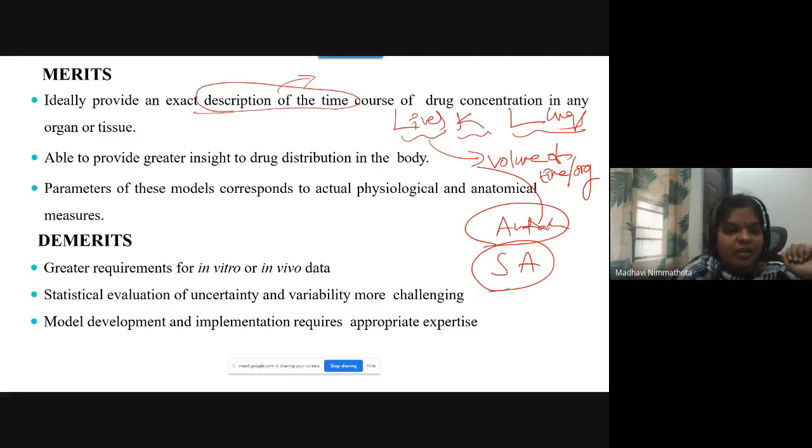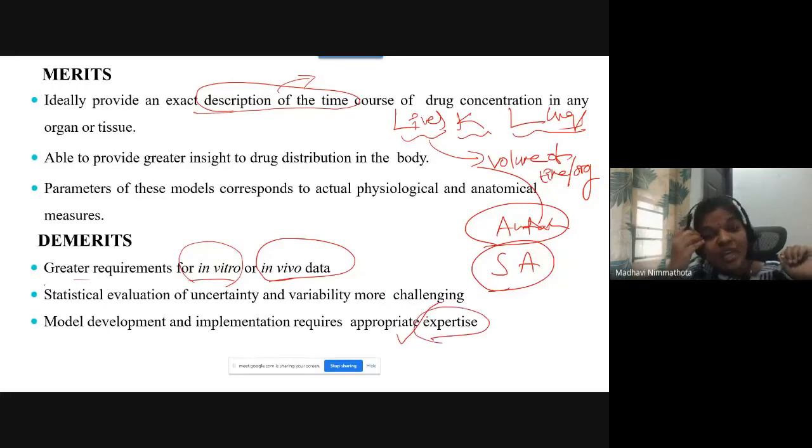With this method, we have some demerits also. There are greater requirements for in vitro or in vivo data. When you want to do the experiment on a lab scale or in animal models, you have great requirements. Statistical evaluation of this model's variability will be a challenge. It is model dependent and implementation requires appropriate expertise.